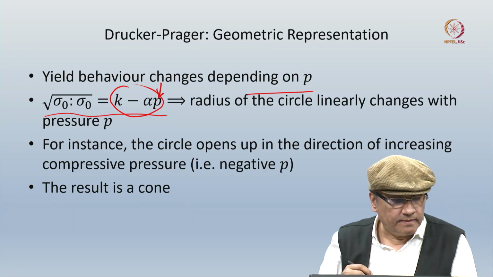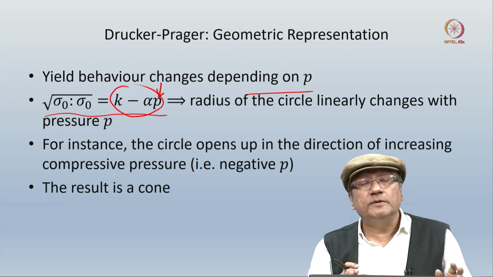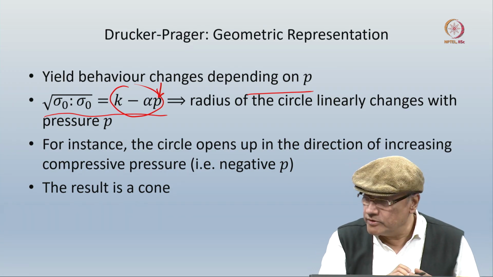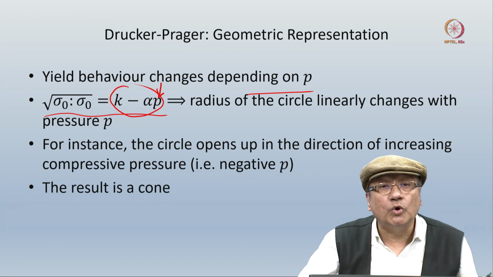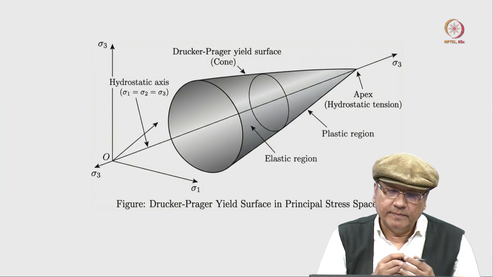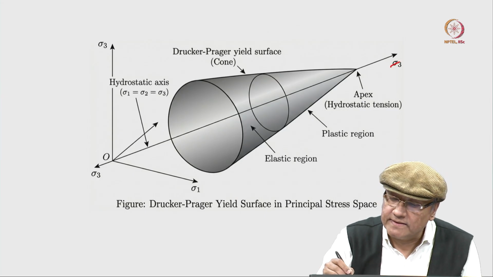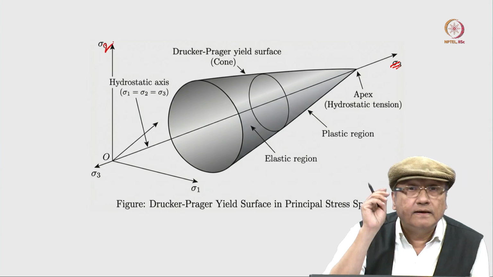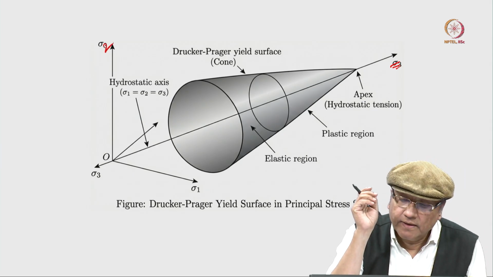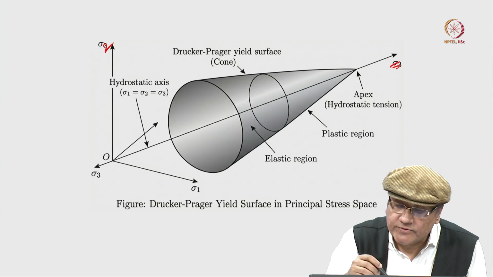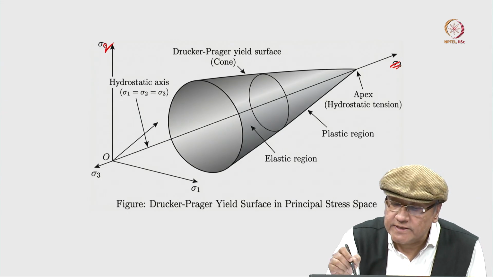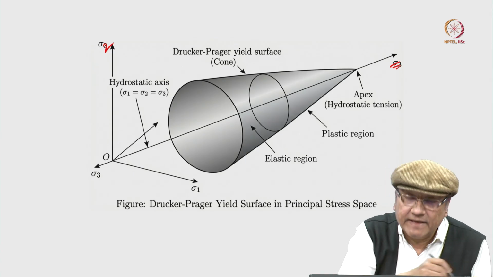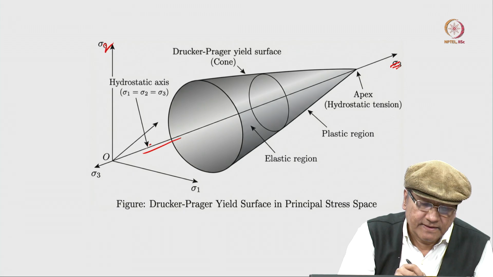So what will be the representation of it in the sigma 1, sigma 2, sigma 3 space? That will be a cone, because along the hydrostatic axis you have a cone like structure. The radius of the circle in the positive p will reduce. On the negative side, which is this side, it will increase.